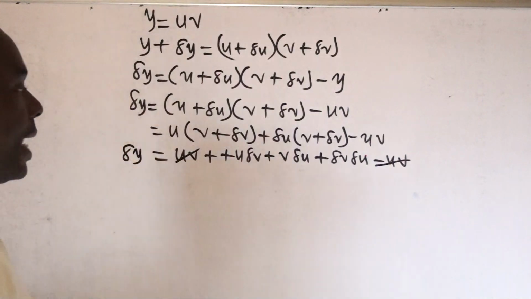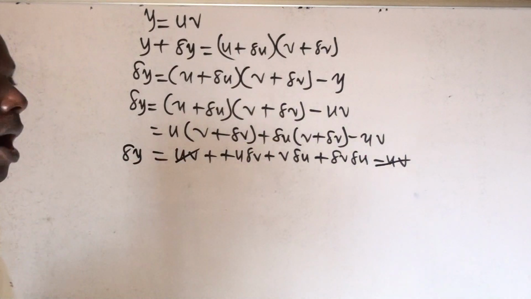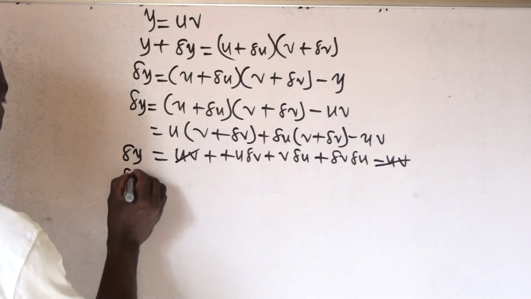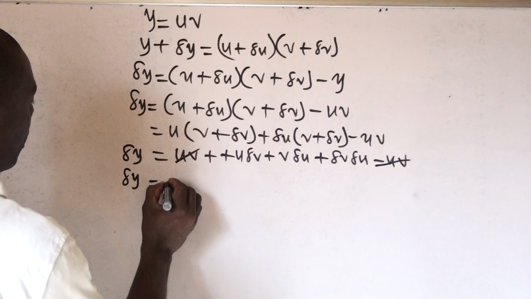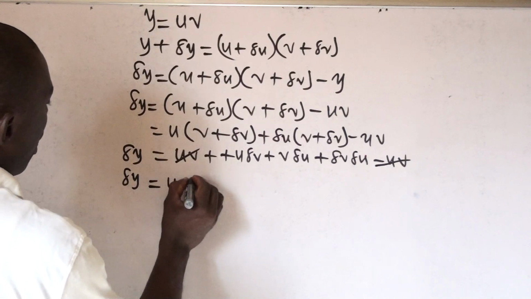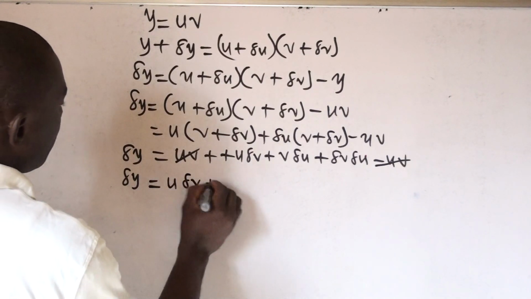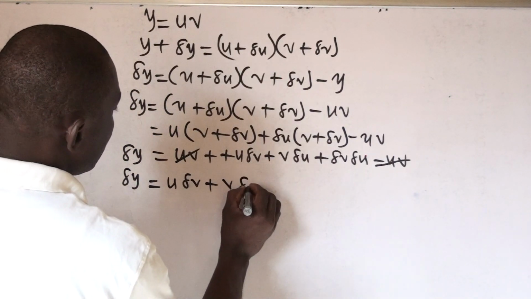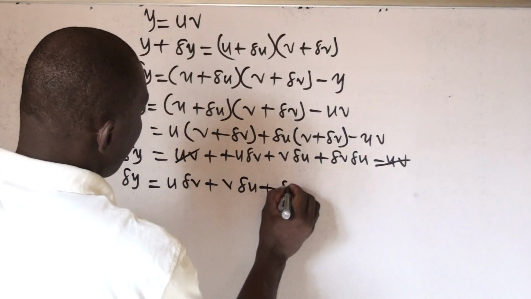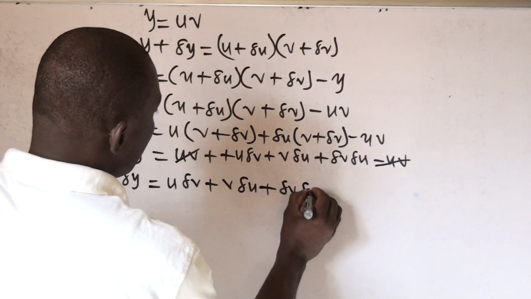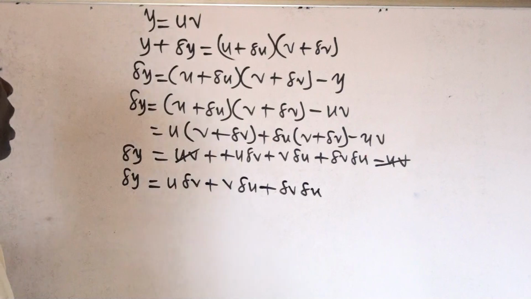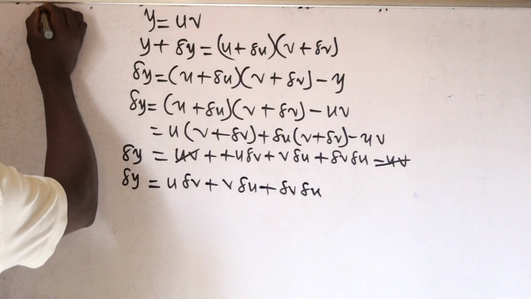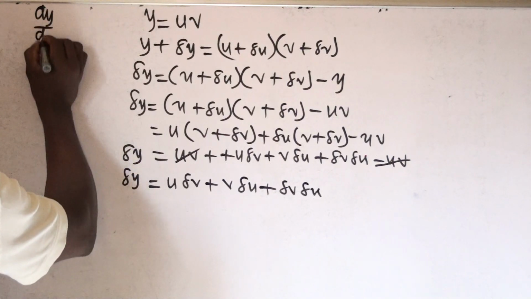Recall that our left-hand side is delta y. So here we are left with delta y equals u delta v plus v delta u plus delta v delta u. We know the essence is what we're looking for, dy/dx.